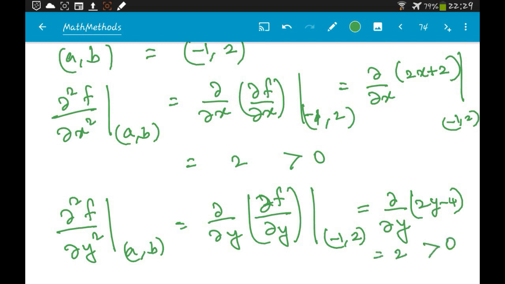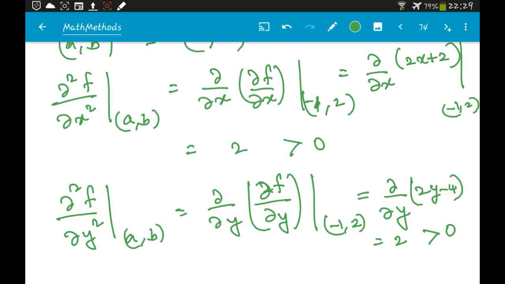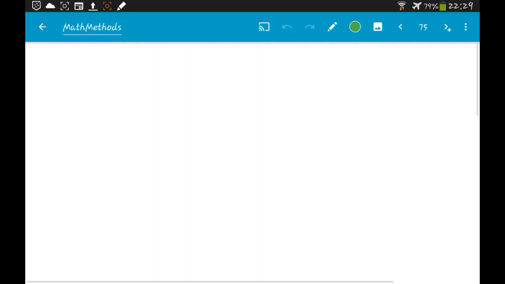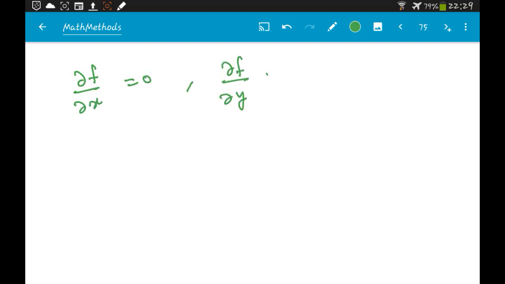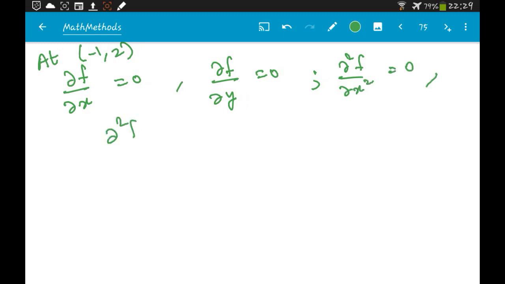So this is also greater than 0. Alright, so we have found dou f by dou x is 0, dou f by dou y is 0, dou square f by dou x square is 2, dou square f by dou y square is 2.